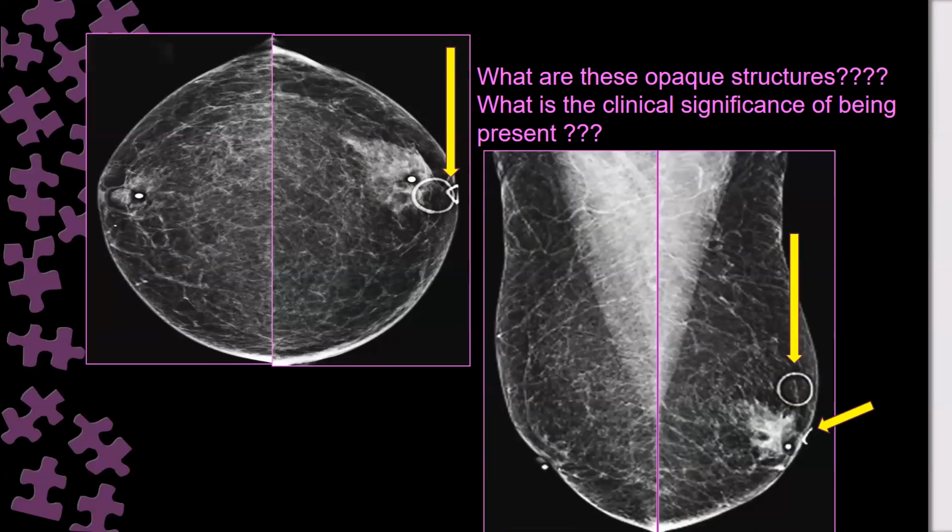Now you can see they are projecting over each other. These are skin markers projecting over each other. And now you can see the nipple in profile, and the nipple marker is outside the breast, but the other one is still inside the breast, the nipple not out of profile.